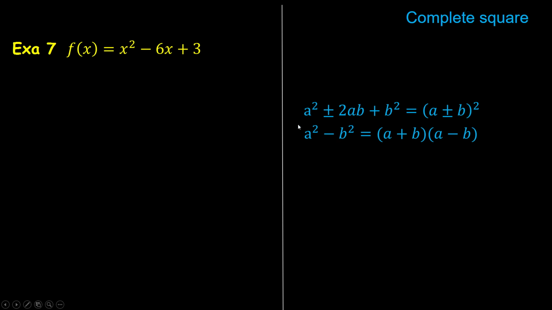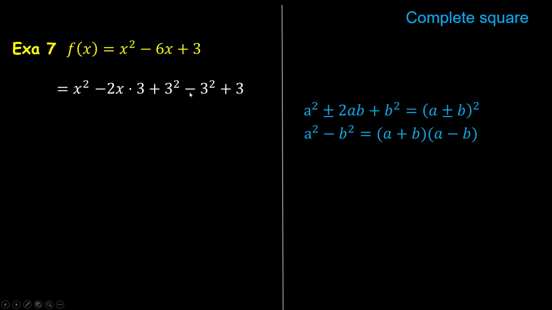All right, so let's apply the first formula here and try to fit this into this. So that's your a squared, and 6x is 2 times 3x. So this is our a, so a squared, 2ab, and b is 3, so 3 squared.